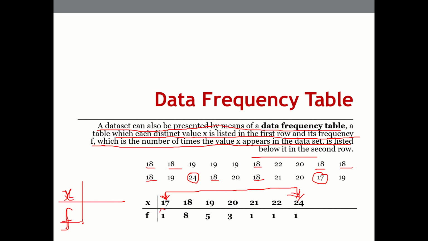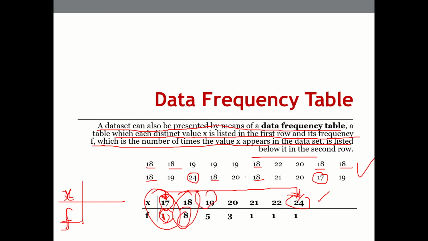Then all the numbers between 17 and 24 which are in the data set are listed: 18, 19, 20, 21 and 22. Now, how many times is 17 repeated? Only once. How many times is 18 available? 18-year-old candidates are there 8 times.